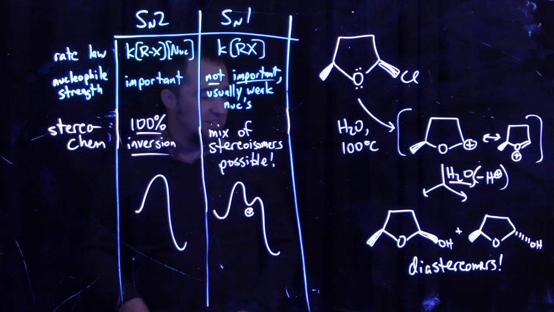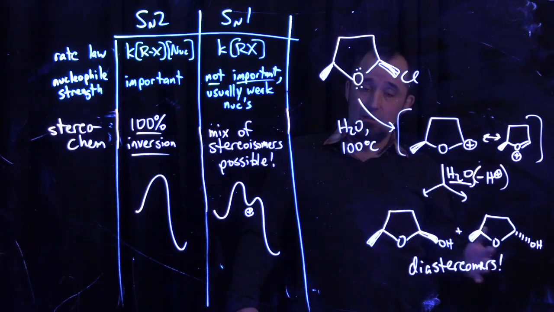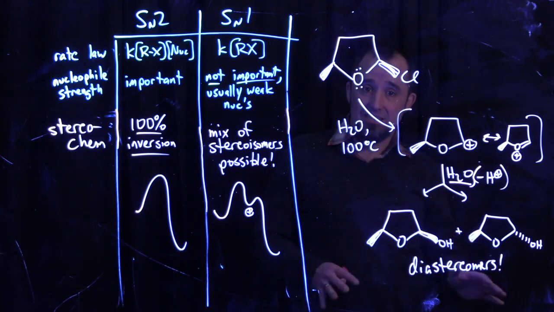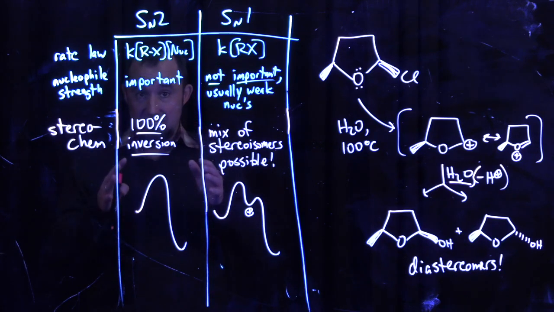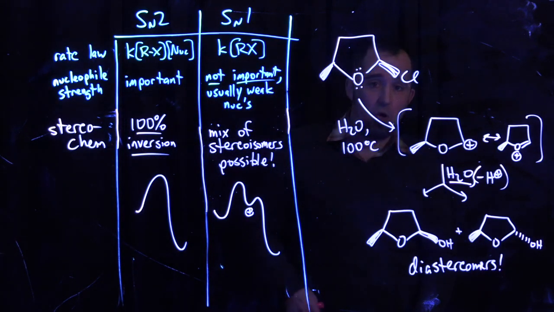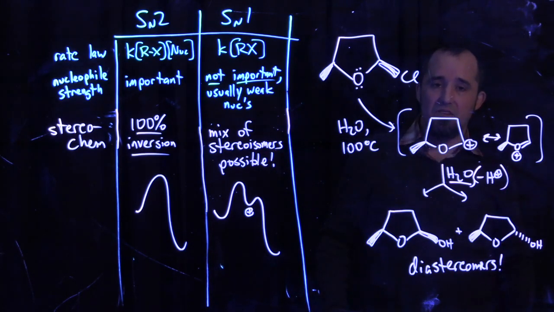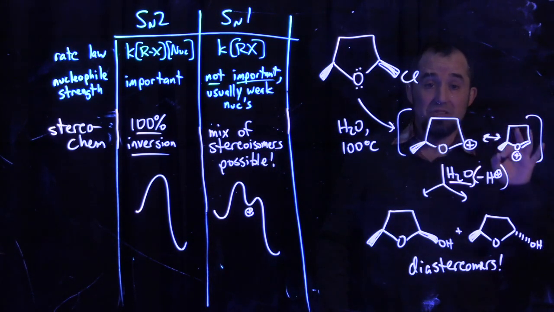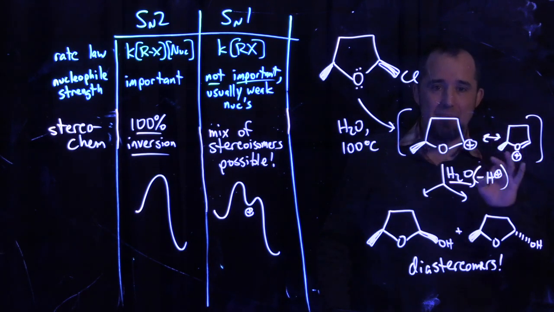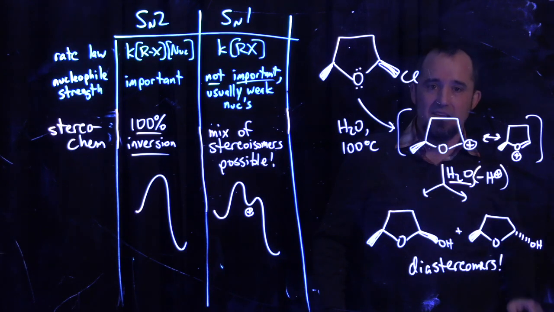Even if it's able to select between the two because one is lower in energy or whatever, that's not the same as stereospecific, I can only make this. Okay, so in an SN1 reaction, I will see scrambling of the stereocenter, but only at the carbon the reaction is happening at. If there are stereocenters in other places in the molecule, those are not affected.